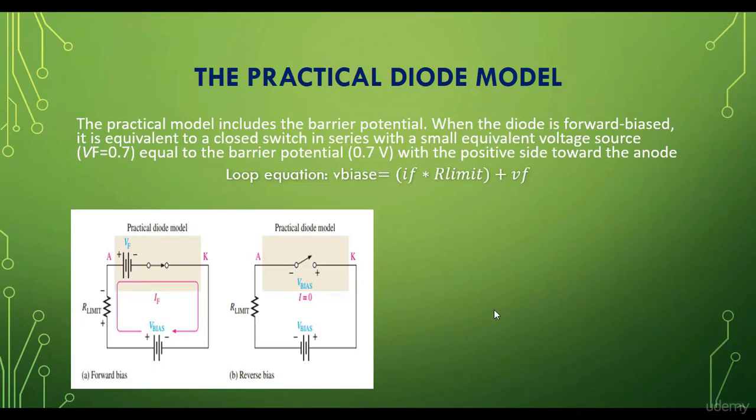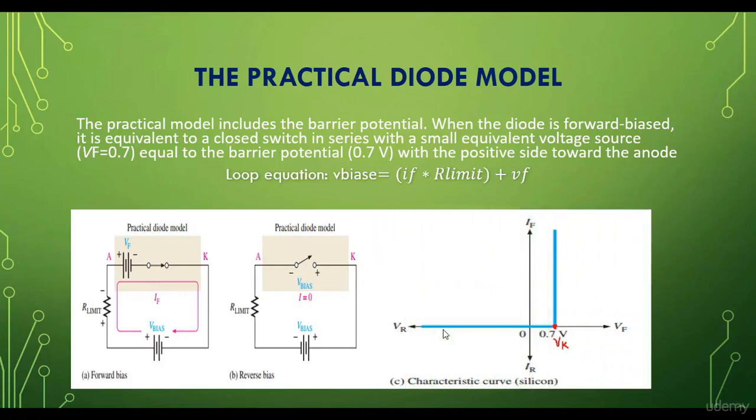This is the forward bias condition, and the reverse bias condition of the practical diode model is the same as the ideal diode model. The difference between the two graphs is only the value of 0.7 volt, and this value is actually the knee voltage.